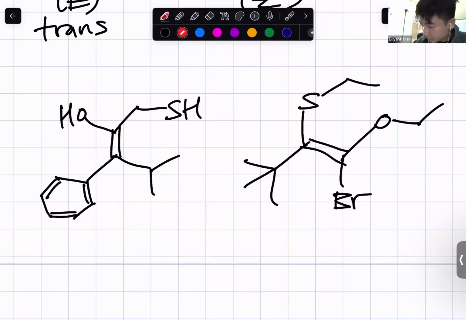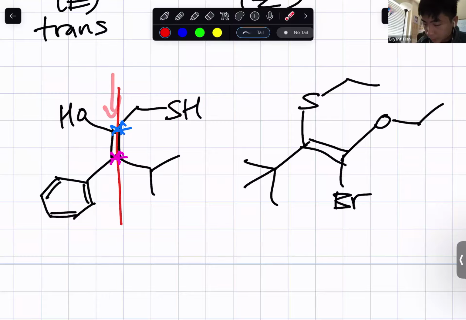Mm-hmm. So compare both sides. Let's say there's two carbons of alkene here, this blue one and this pink one. For this blue carbon here, what has the higher priority group, this group or this group here?